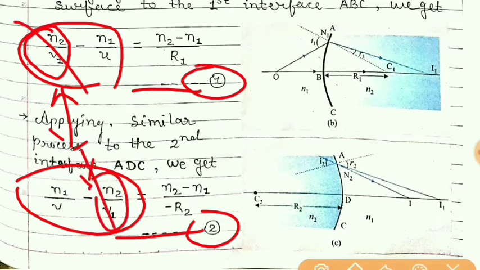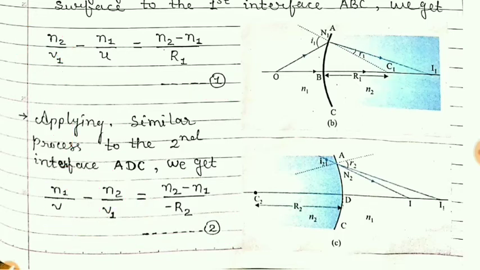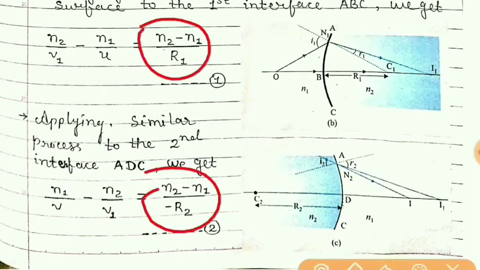So these two terms will cancel when we add. So what will remain on the left side? n1 upon V minus n1 upon U. And on the right hand side, we will get these two terms.